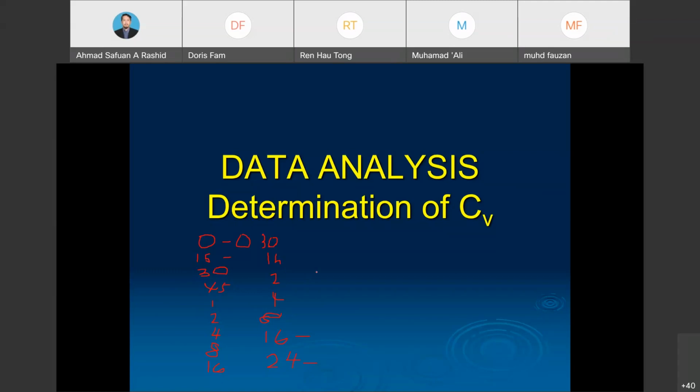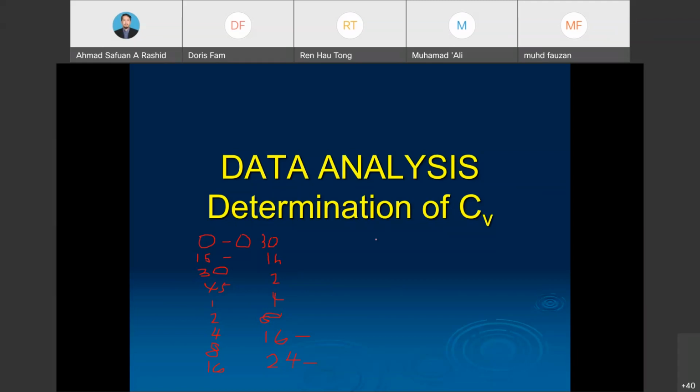Then you need to come up with all the analysis to get the consolidation properties. So that is for one single test, or under one stress value.